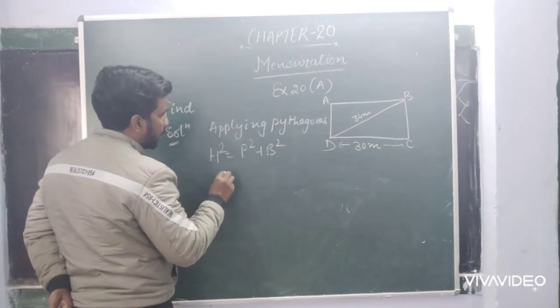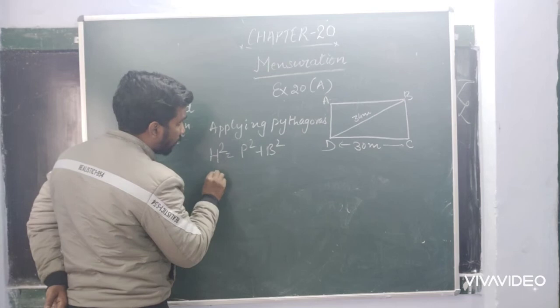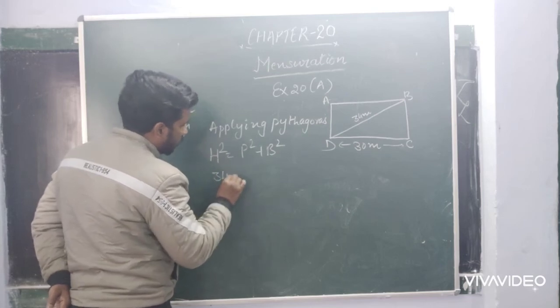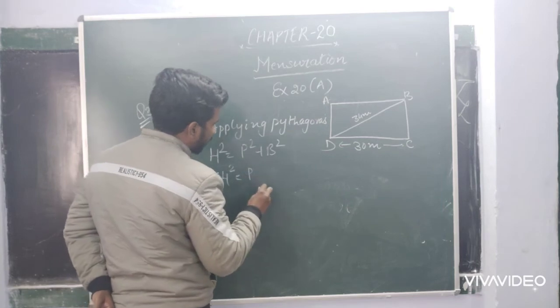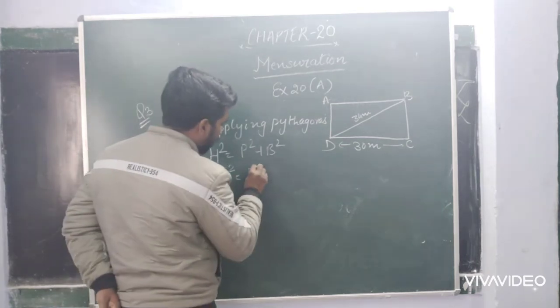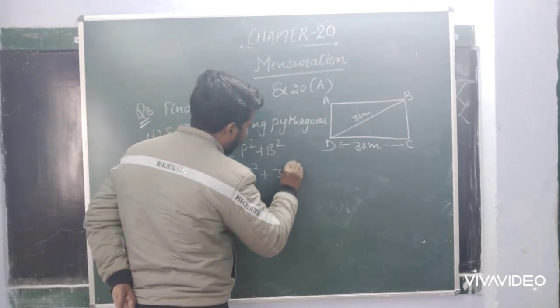So hypotenuse is 34 square, equals perpendicular, that is the breadth which is not given to us, square, plus base, 30 square.